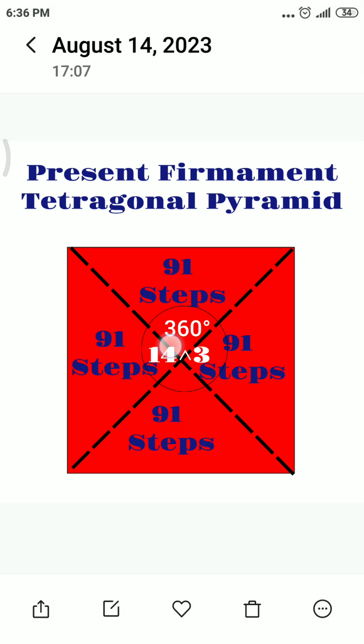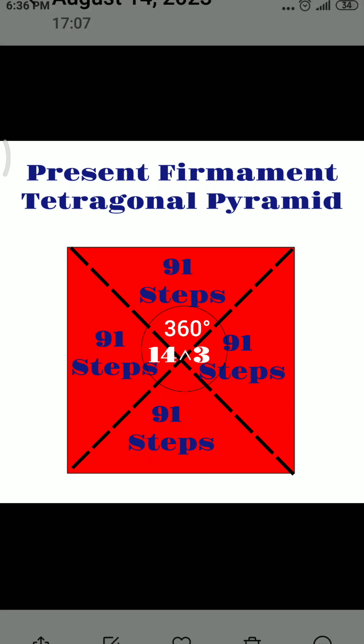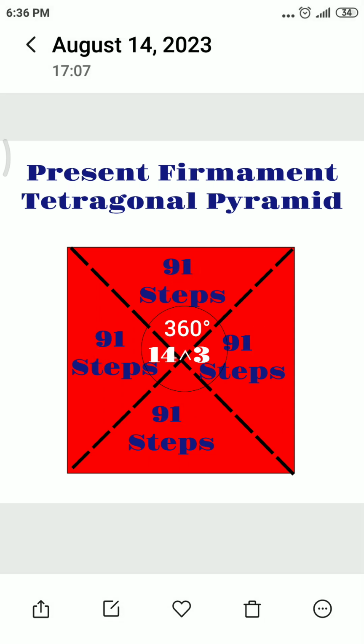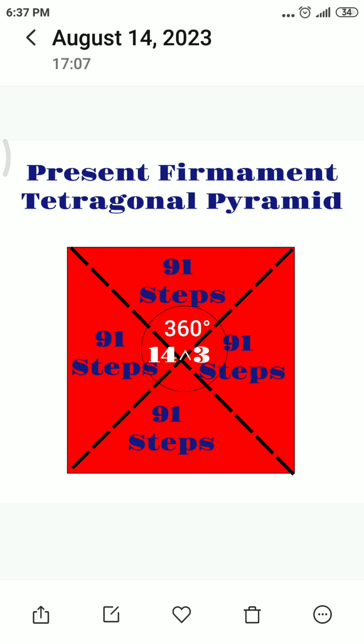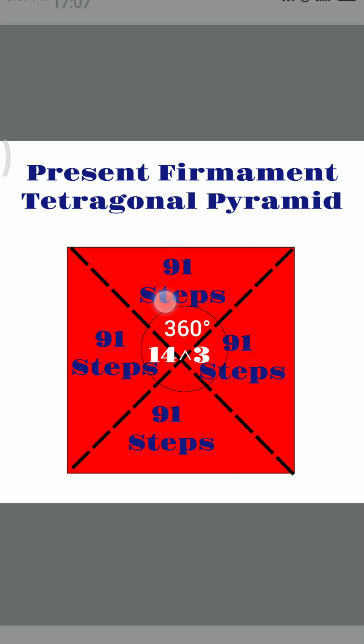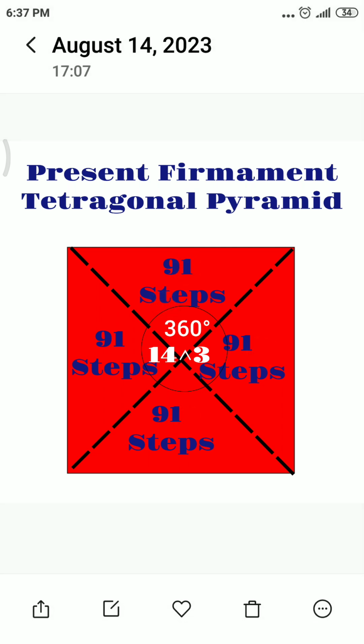One step on the top, so 118, let's say 4 118s will be there, if all 9 planets are full-fledged planets. If Uranus and Neptune, instead of being just shadow planets, become regular planets, then 13 into 9, 117 on each side will be there. That is the next evolution.